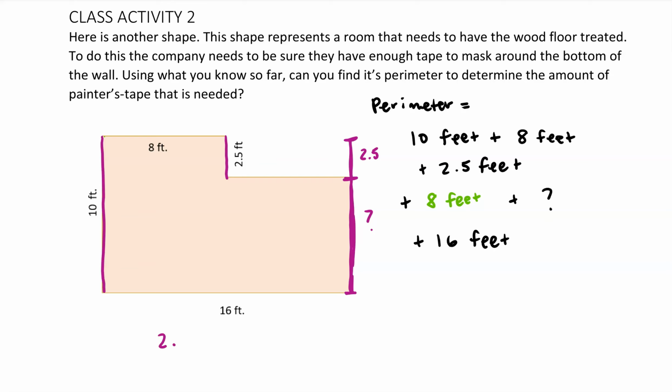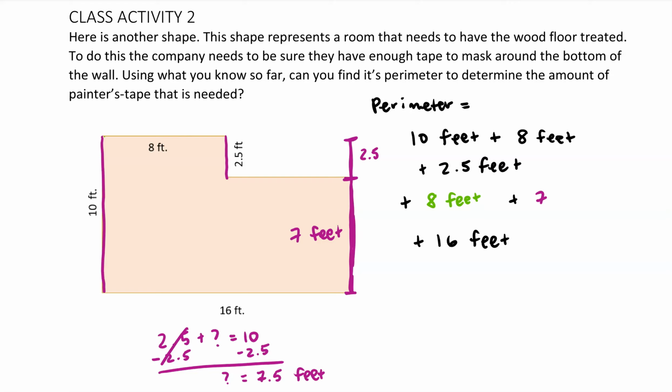So I could do 2.5 plus question mark is equal to 10, and I could figure this out by subtracting 2.5 from each side, and we'll get that question mark is equal to 7.5 feet. So I'm going to go ahead and erase this question mark, and we know that this length here is 7.5 feet. And I'll go ahead and replace that here.